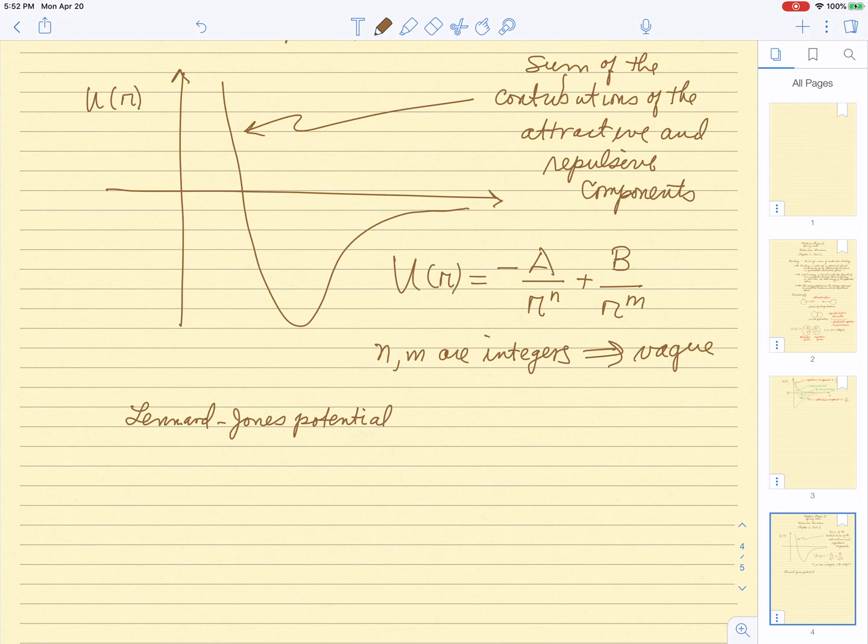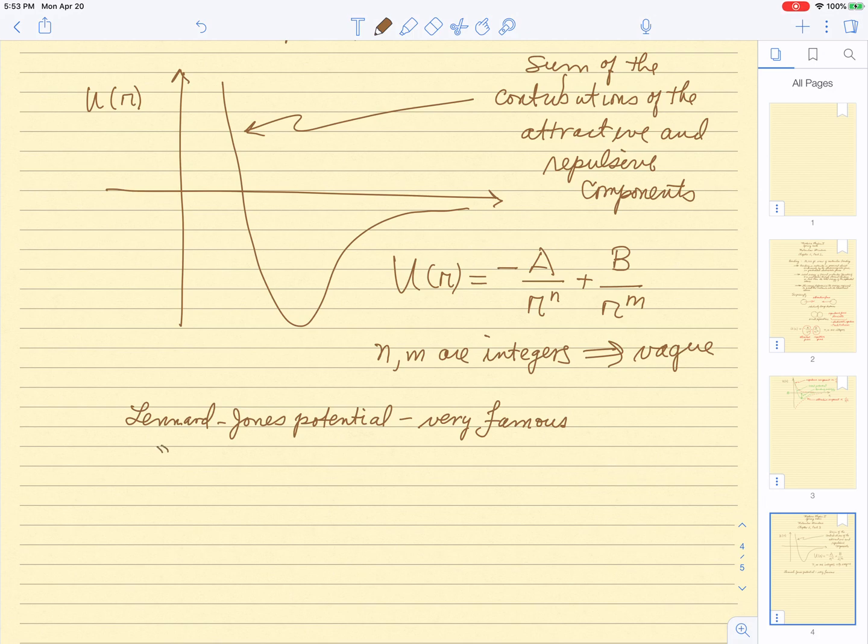Now, the Lennard-Jones potential is very famous. And if Francis views this part, then he will hopefully recognize the Lennard-Jones potential in looking at his colloidal glasses.